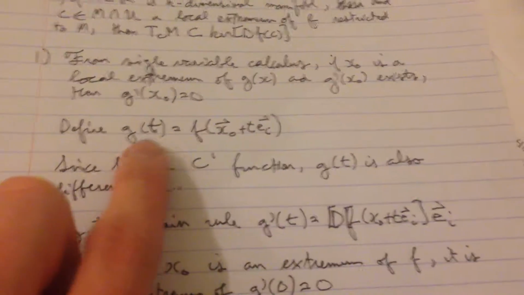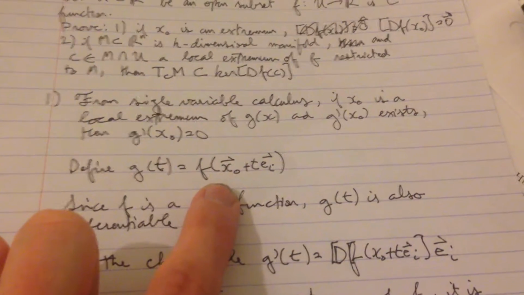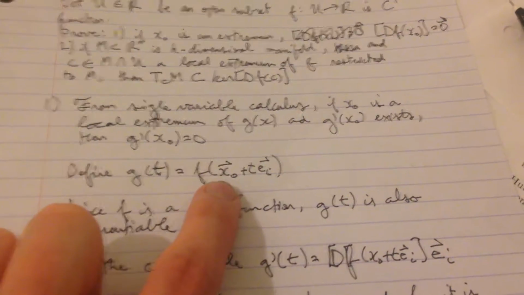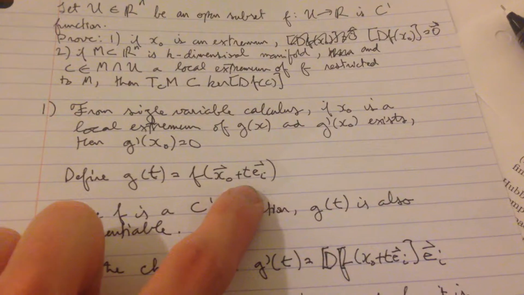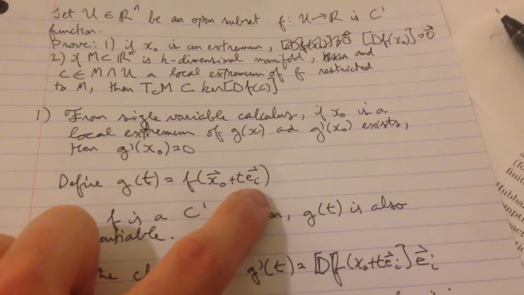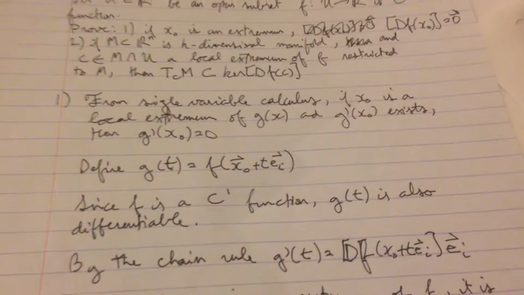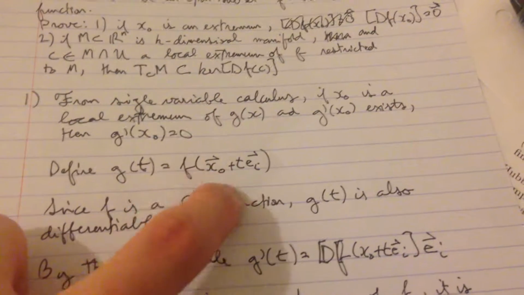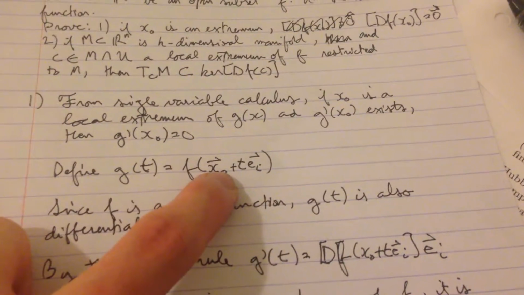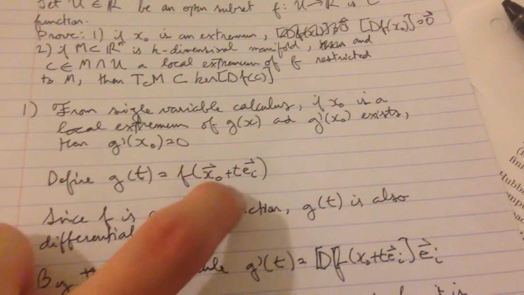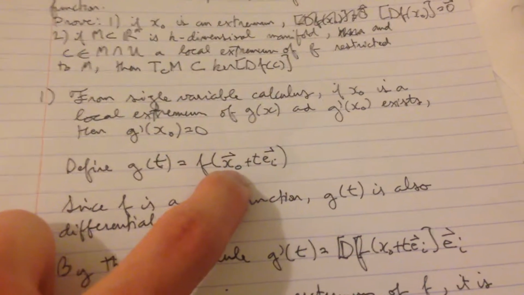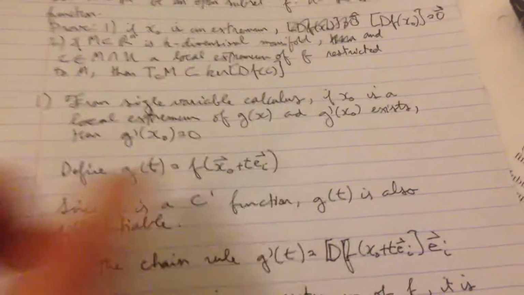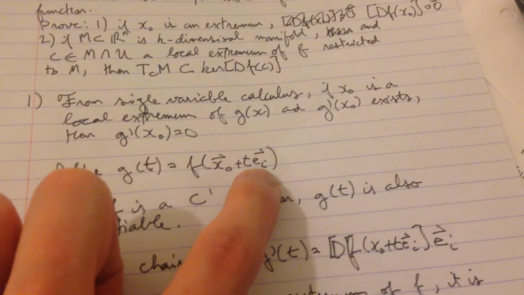So in this case, we're going to define our function g of t as being equal to f evaluated at x sub 0 plus t times some elementary basis vector. So this is basically just a special case of this function, because we could have a whole bunch of different vectors approaching x 0, but in this case we're only going to be looking at it approaching from the e sub i basis vector.